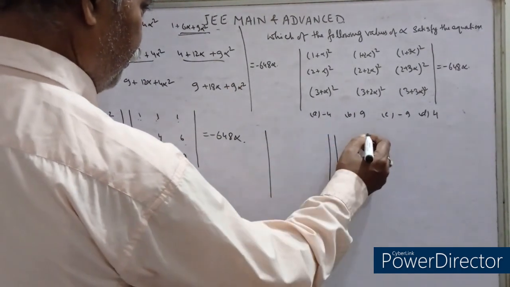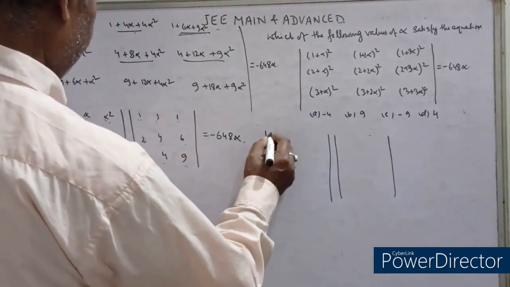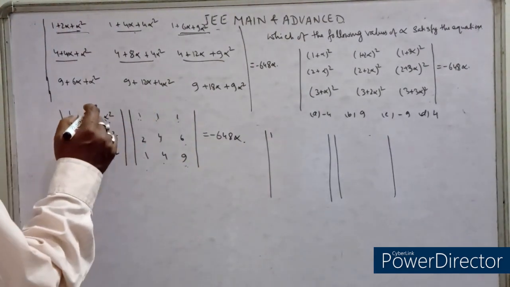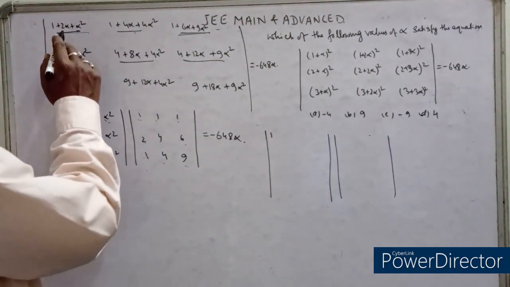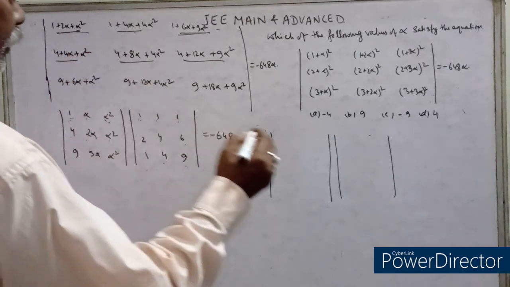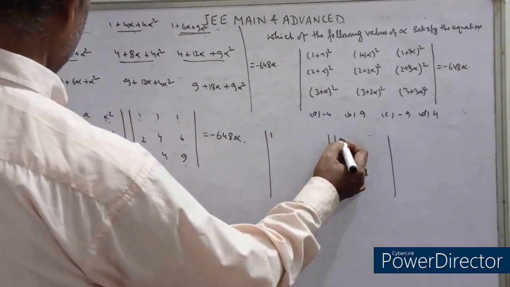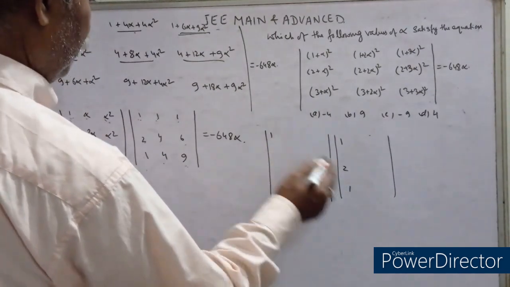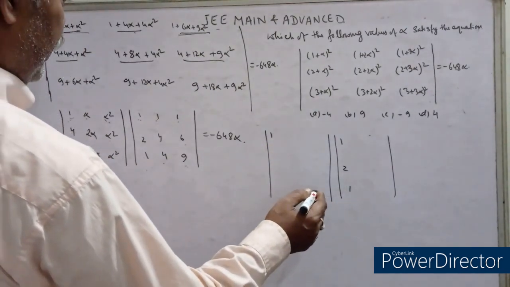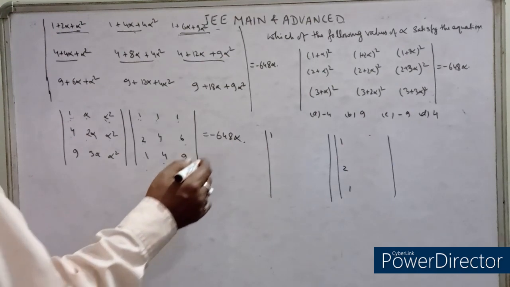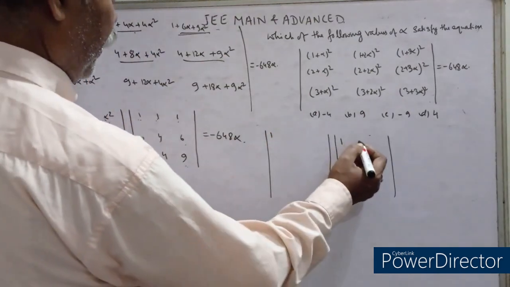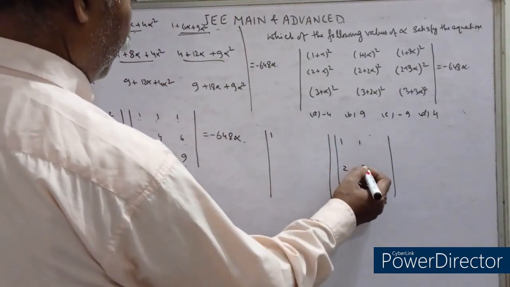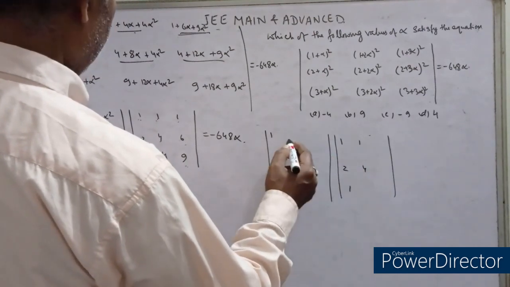That is, first of all I write this like this 1, and then here you see 2. That means 1 plus 2 alpha plus, this must be 1 2 1, so 1 into 1 1 2. For the second part it must be 1, then 1 4, 1 into 4.